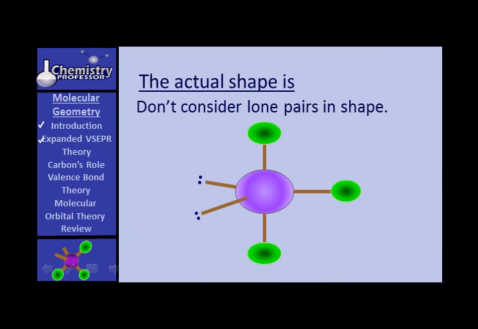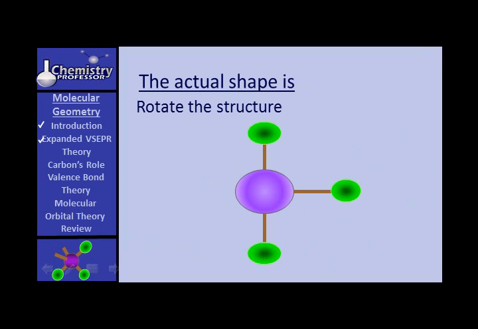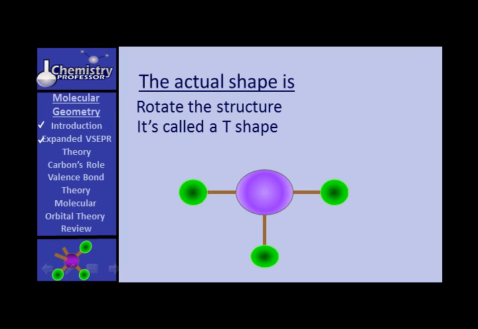Look at it like this. Now, remember, we take away lone pairs when we're considering actual shape. So, they're gone. Now, let's rotate this thing around so we can see it a little better. There it is. It's called a T-shape.